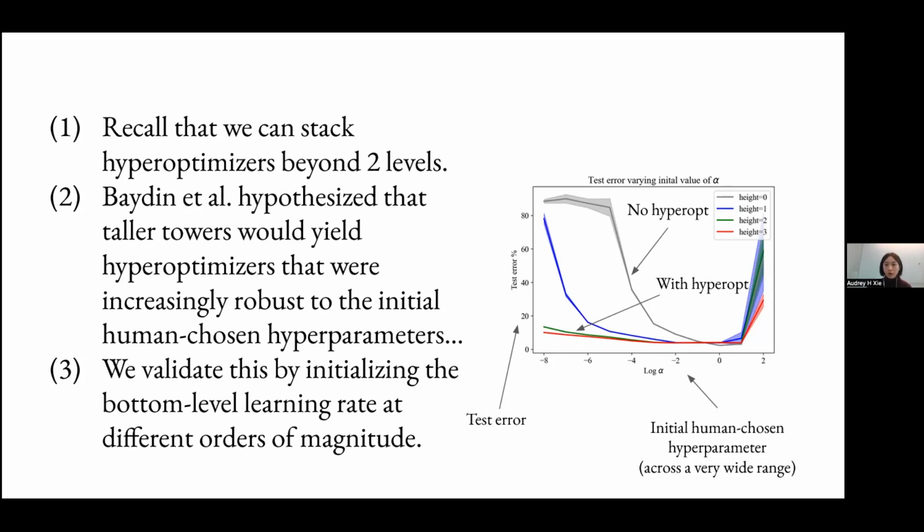However, when you look at the red line, which is a height of 3, it performs quite decently across a very wide range of different magnitudes. The only caveat is that when you look at initial learning rates set to 10 and above, the performance is sort of bad across the board. But this intuitively makes sense, because with a very large learning rate, values tend to blow up significantly at the beginning.